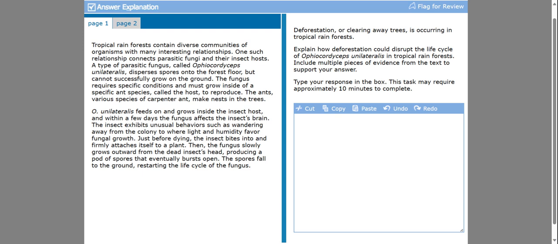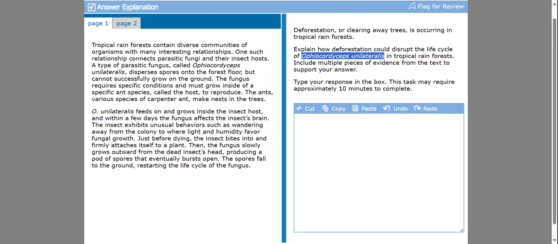Then the next section asks, explain how deforestation could disrupt the life cycle of, and then they give us a really long word, and you're like, ooh, that's going back to Latin. That's going back to a time in my life where I was not focused on school. What I tell students is don't get trapped trying to figure out how to say the word.